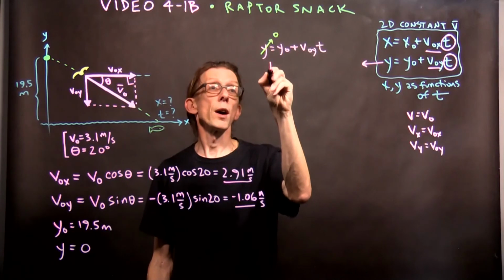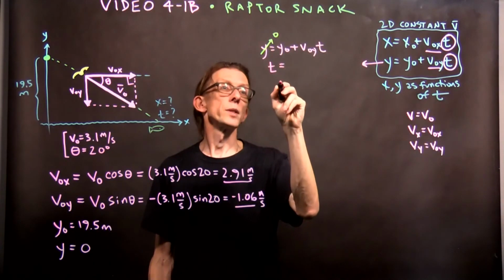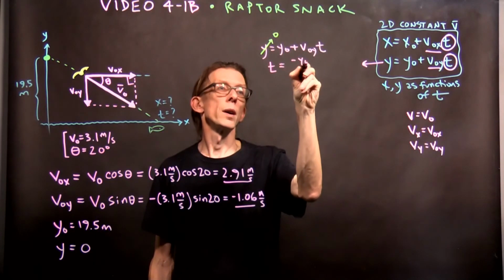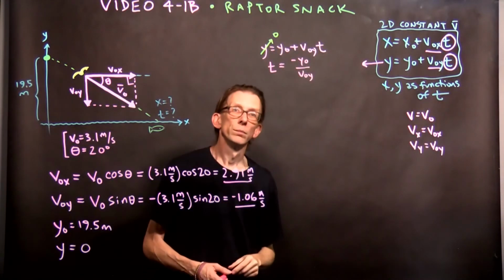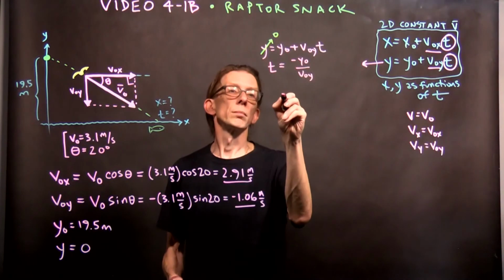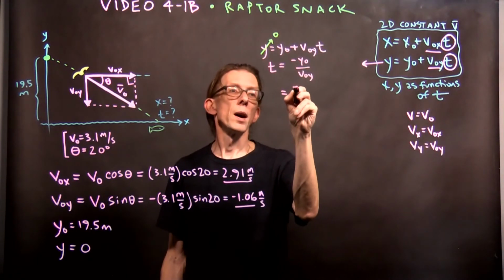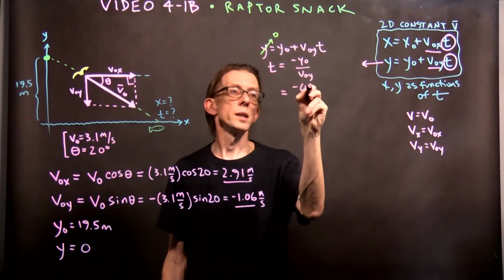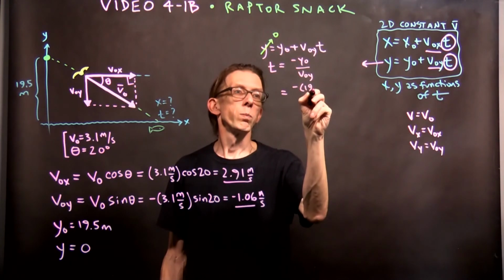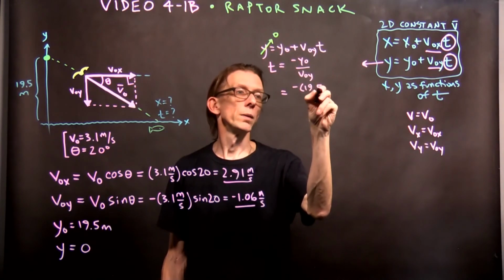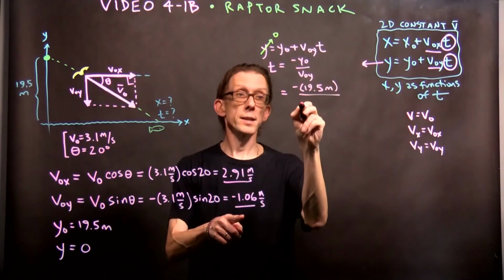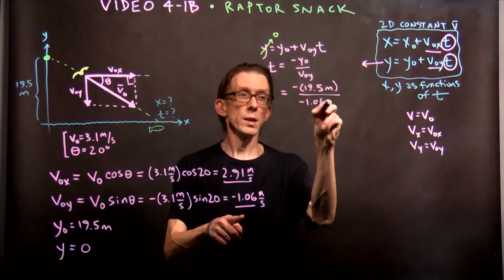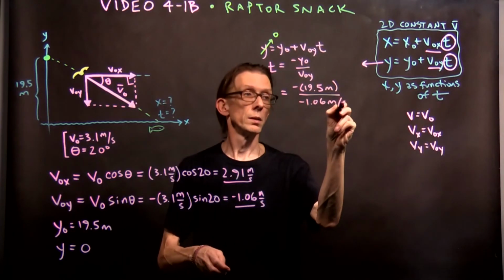We can solve this for time. Do a little algebra. Time is equal to minus y naught over V naught y. Plug in your answers. Minus, let's see, y naught is 19.5 meters. V naught y is minus 1.06 meters per second.